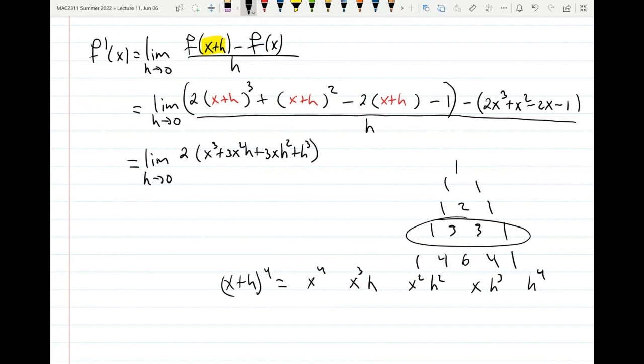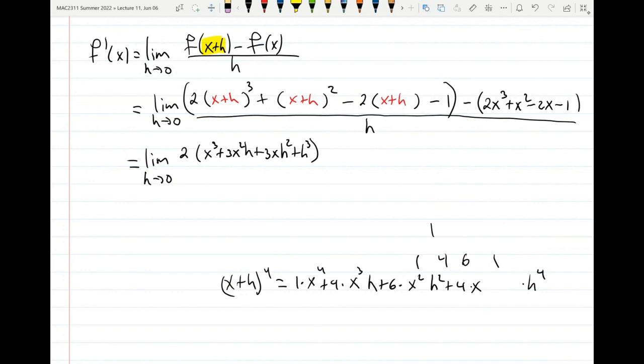Then you put the coefficients: 1, 4, 6, 4, and 1. That's how you can expand that without having to multiply. But you're not going to have to deal with this too long, so don't worry too much. It's helpful to know this.